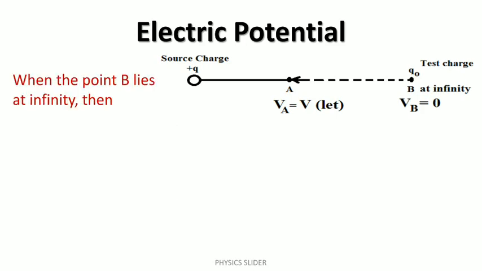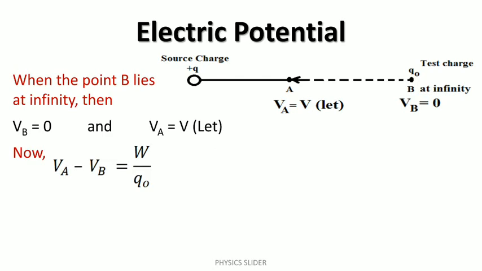Watch here. When the point B lies at infinity, then VB becomes 0 and VA we have considered as V. Now we will apply VA minus VB is equal to W upon Q0. This is the formula for electric potential difference.